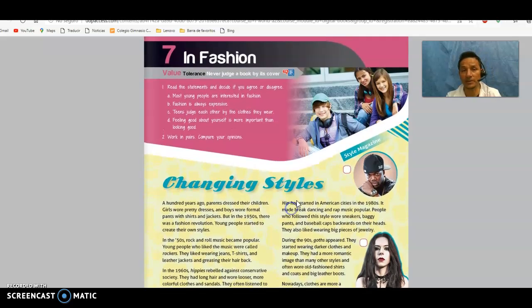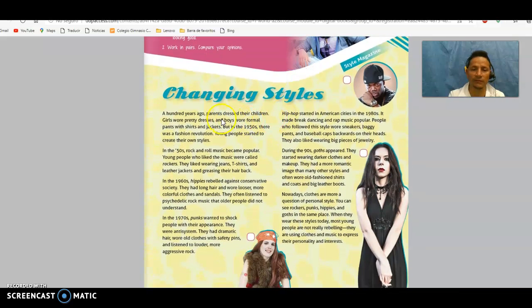four activities. So activity number 1 is to look at the reading and circle the words that you don't understand. It is going to be individually. So imagine, just using your imagination. I don't know what styles means, so I circle styles.